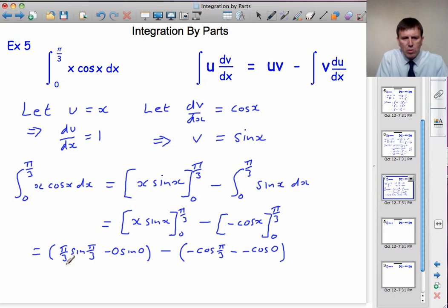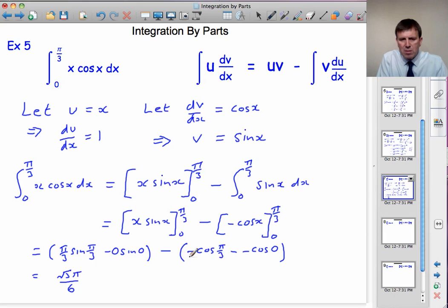Right, we evaluate those. Sin pi by 3 is sin 60 degrees is root 3 over 2. So this is equal to pi by 3 times root 3 over 2, which is root 3 pi over 6. That's just 0 because of the 0 at the front.